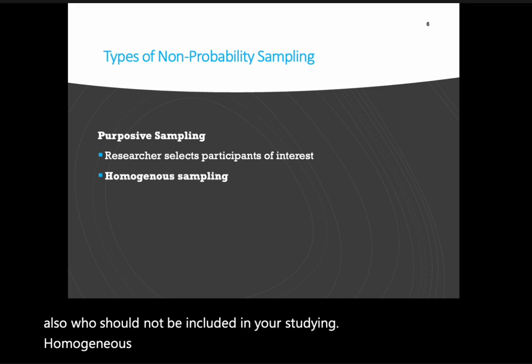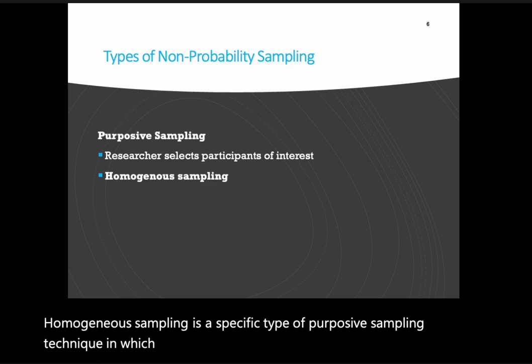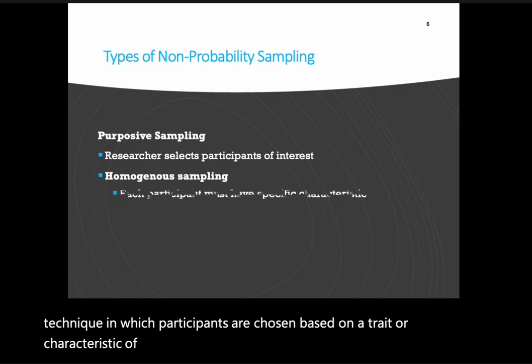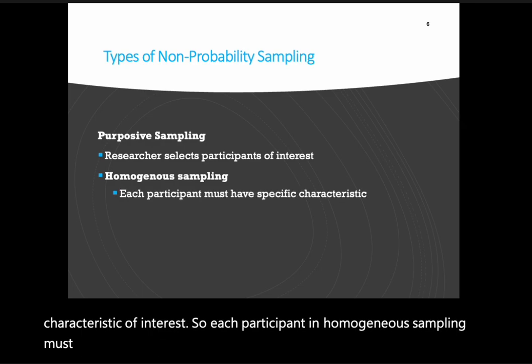Homogeneous sampling is a specific type of purposive sampling technique in which participants are chosen based on a trait or characteristic of interest. So each participant in homogeneous sampling must have this one specific characteristic that the researcher is looking for.